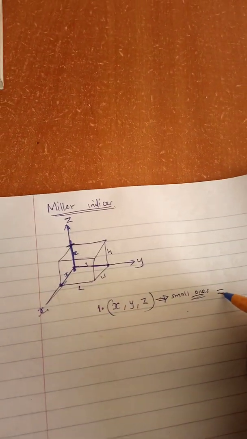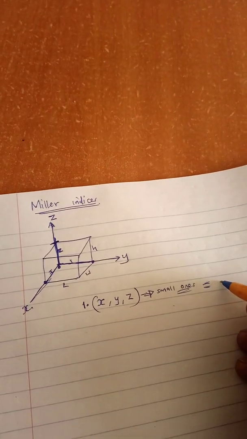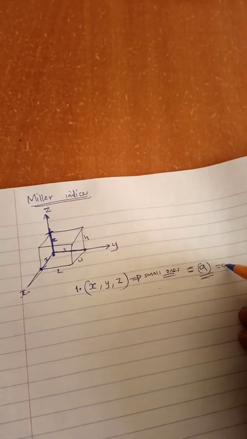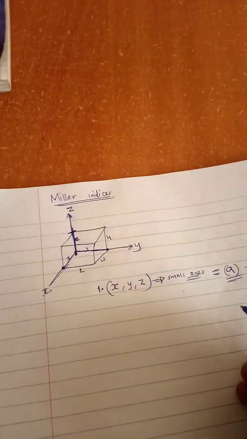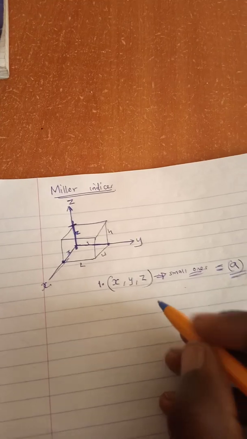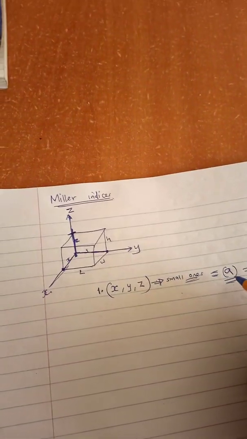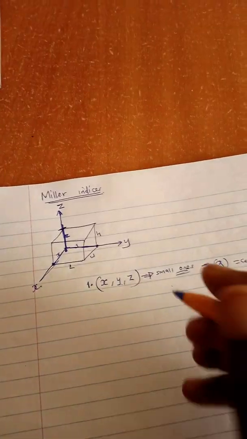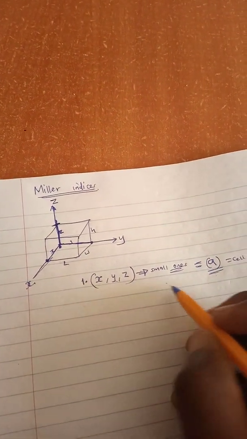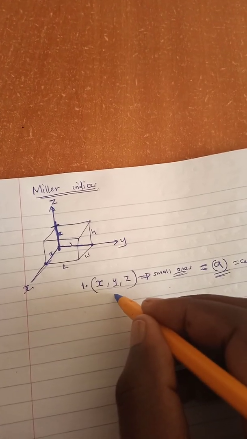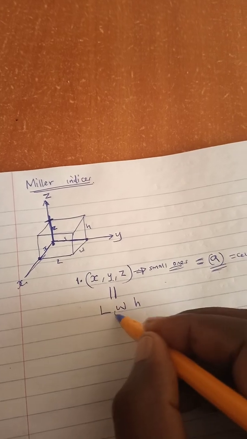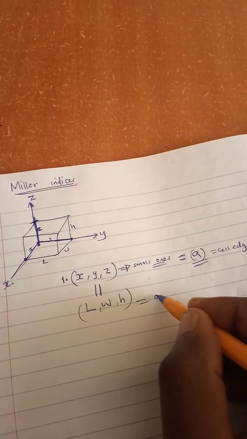And mostly for the cube, they are equal to the a, where a is the cell edge. So for our cube, the coordinate lengths x, y and z will be equal to length, width and height. They are the same. Everything there is a.